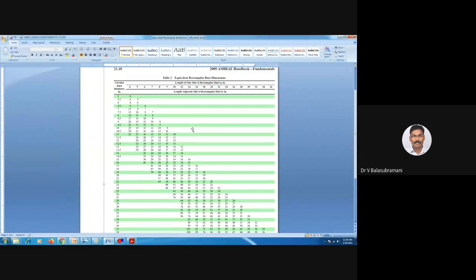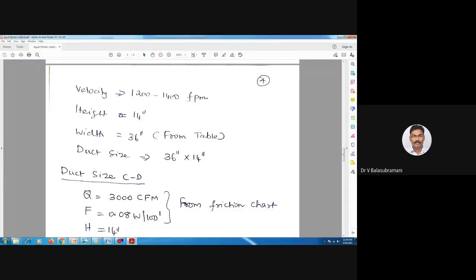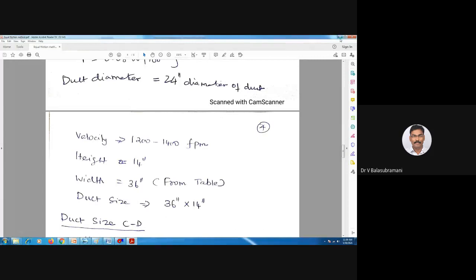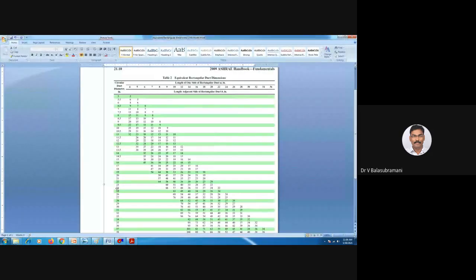I take the same 14. You don't change the height, but the equivalent diameter calculated from the table is 24. So 24, I think 44. Not 44, 36, sorry. 36 by 14, you can see.